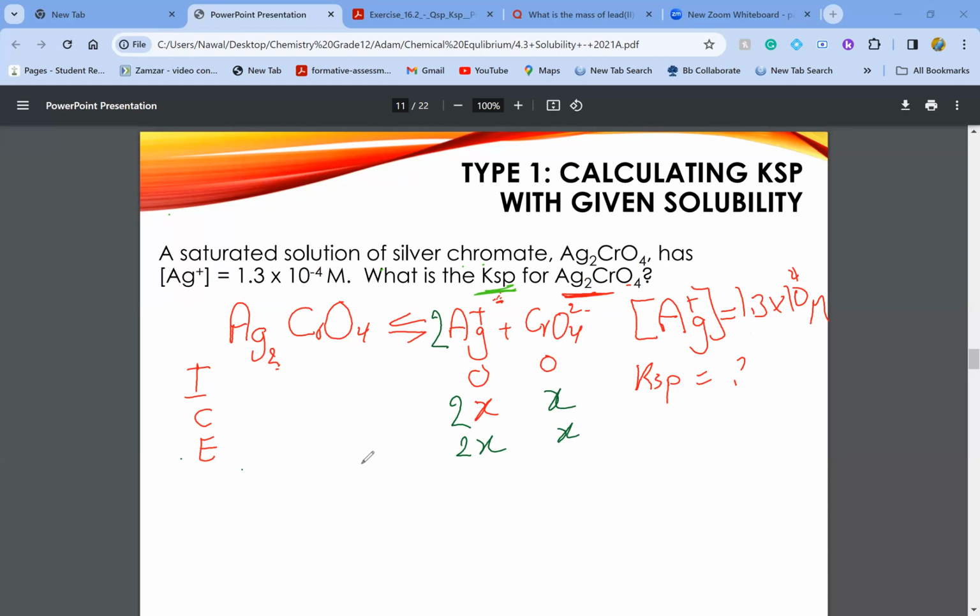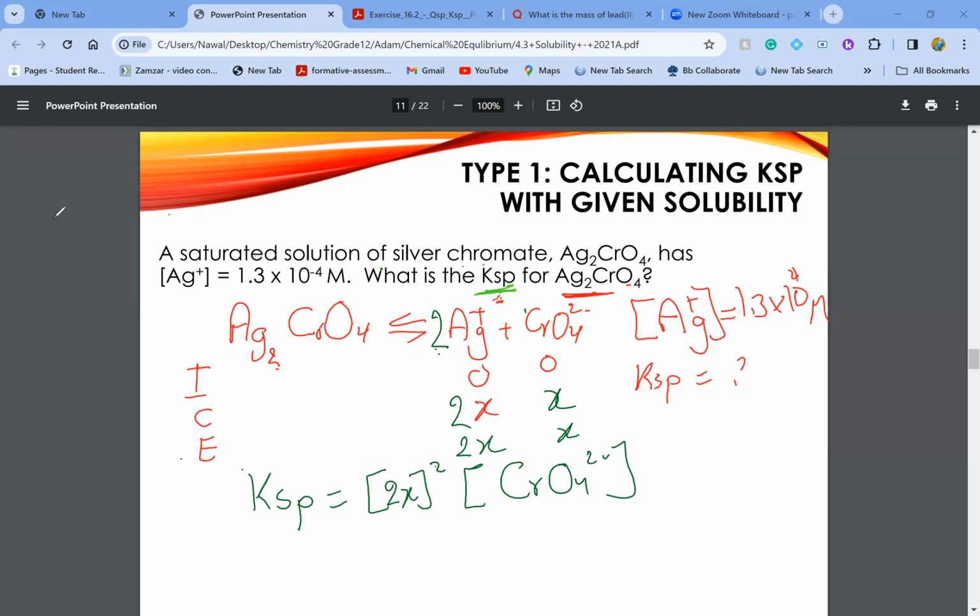And then I will say KSP equals 2x squared. Why did I write 2 squared? Because the coefficient is the power, and for chromate 2 minus the coefficient is 1.